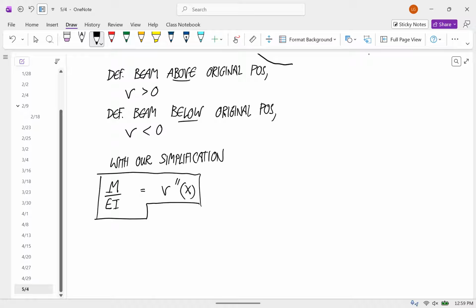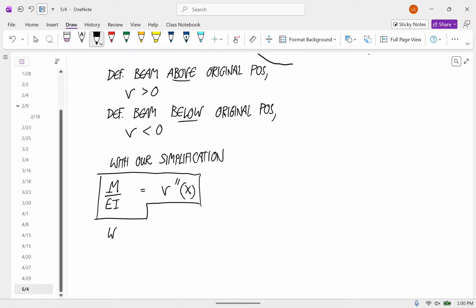And so now what we're going to do is once we come up with functions for the bending moment, we're just going to do the differential equations, integrate that equation in order to calculate the deflection. When you have an expression that you need to integrate, what's the other step that you need? So you integrate that differential equation, and then there's something you have to do. You need boundary conditions. That's right. So you need to use the boundary conditions in order to solve for your constants of integration.